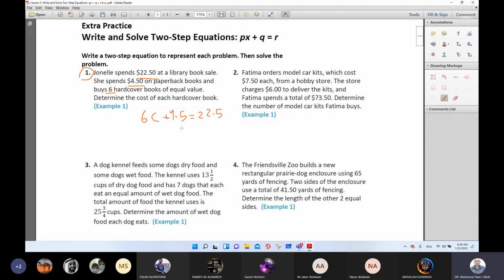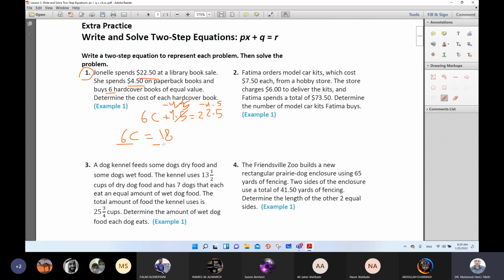Then we want to solve this equation. We can remove 4.5 from the two sides. So add the inverse, negative 4.5 here and negative 4.5 here. So 4.5 minus 4.5 will be 0, remains here 6C equal 22.5 minus 4.5 will be 18.